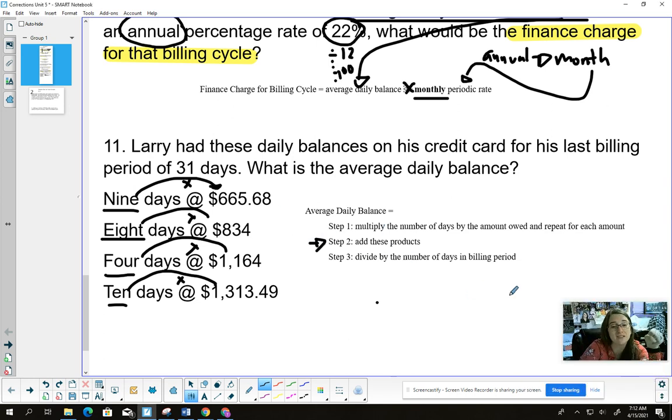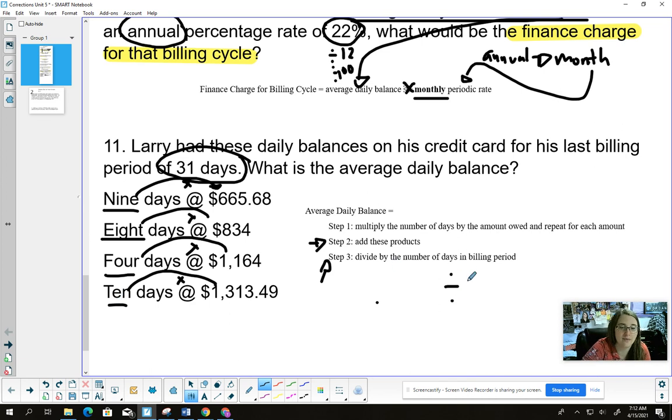And then once you add them, this is what the other people forgot. So you got partial credit if I could tell. This is where you stopped. We're finding an average. When you do an average, you add everything together and then divide by how many numbers you added. Yes, I know we added 4 numbers here, but we technically added 31 days worth of numbers. 9 plus 8 plus 4 plus 10, that's 31 days.